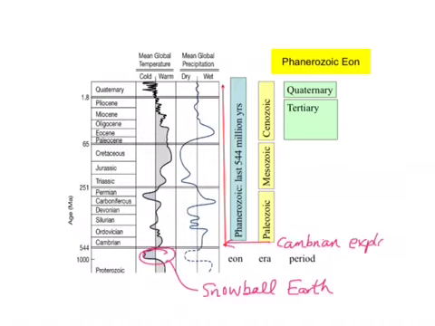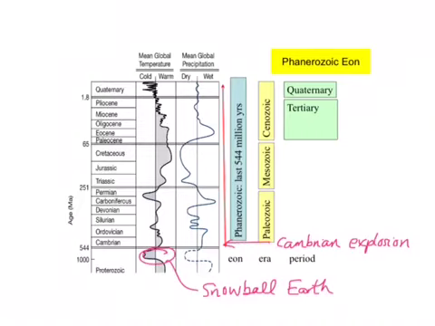So this is an important diagram because it shows what the global temperatures were historically relative to the mean, which is shown by this line. And so as soon as temperatures approached the average over geologic time, that was really when life could emerge.